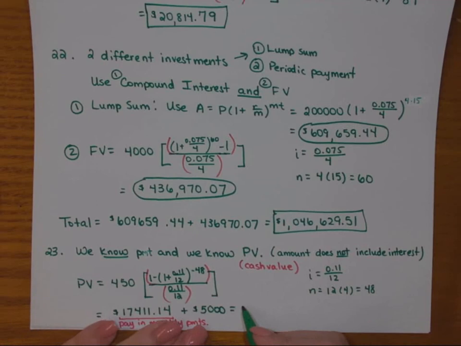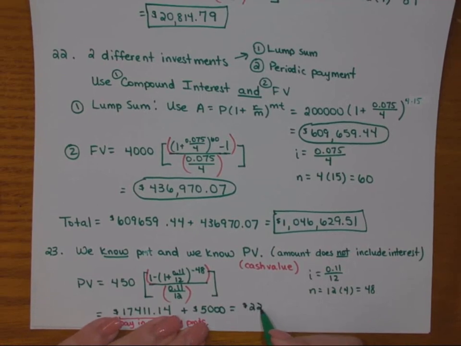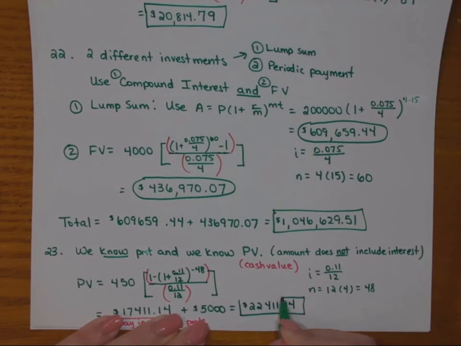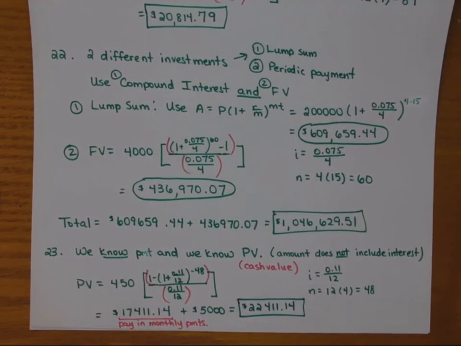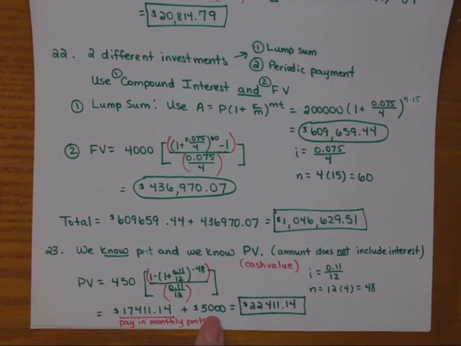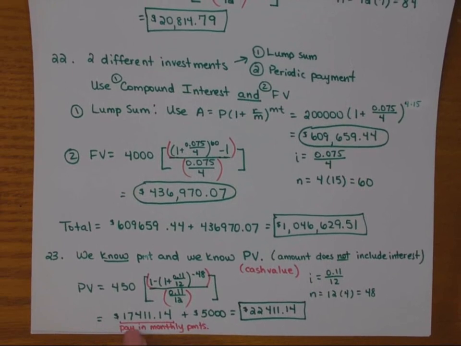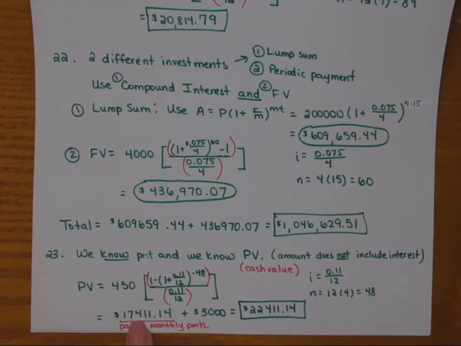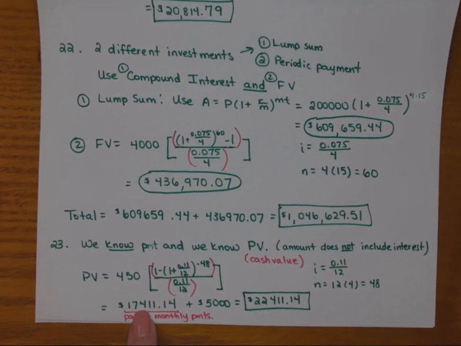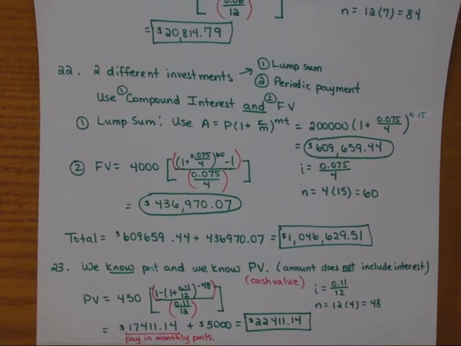It actually knocked it down $5,000. So in the end, the actual sticker price of the car must have been $22,411.14, right? They paid $5,000 right off the bat, which means they financed $17,411.14, and that made a payment of $450.